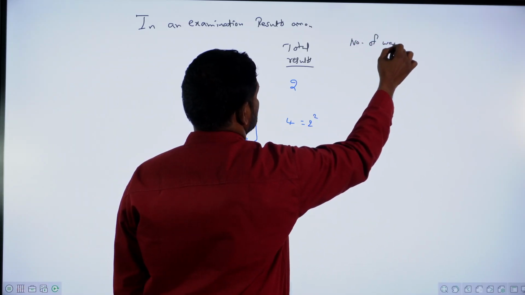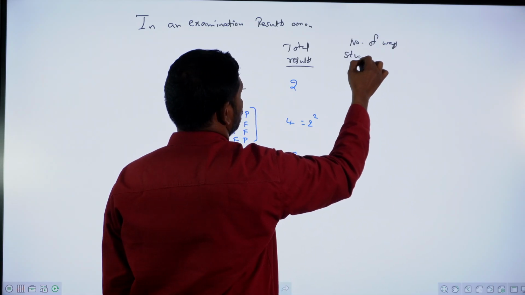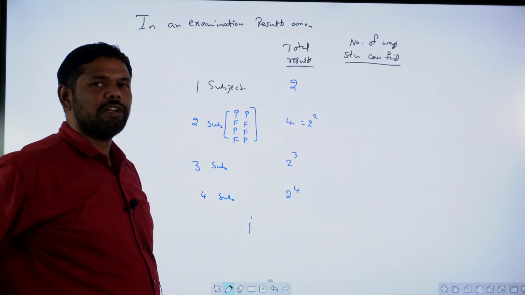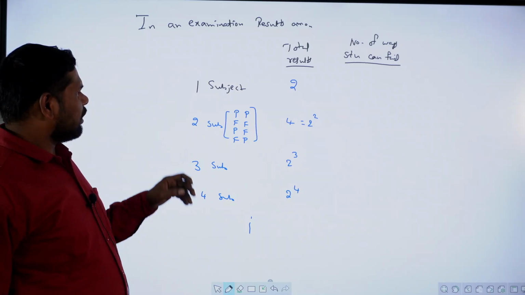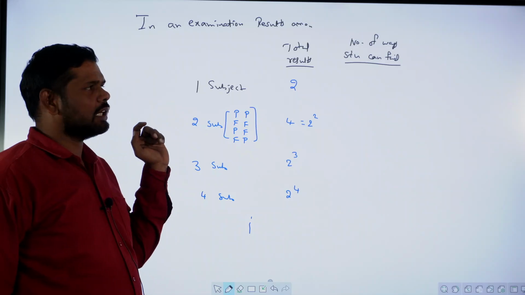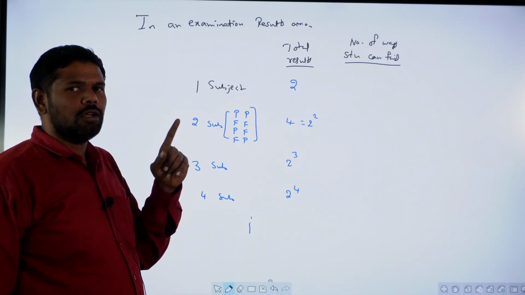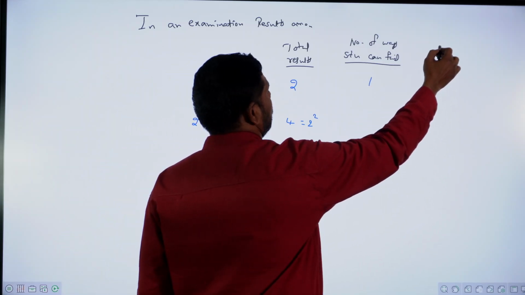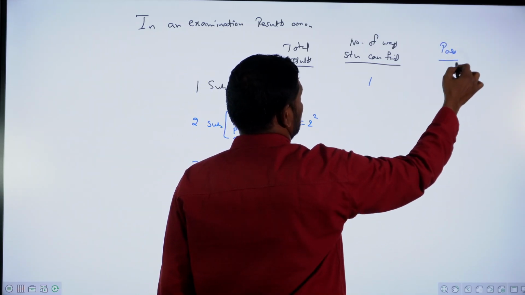Now, the number of ways a student can fail. Out of one subject, if in an examination series only one subject is there, how many ways can a student fail? Only one way, that subject fail. That's it. Pass is one way.